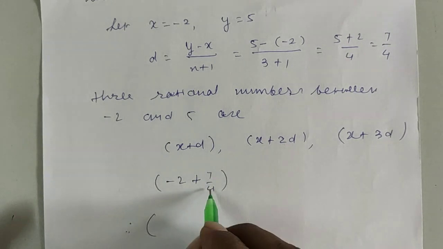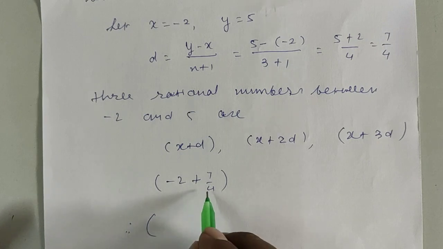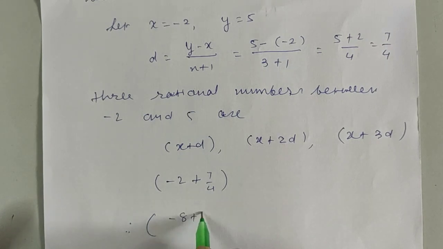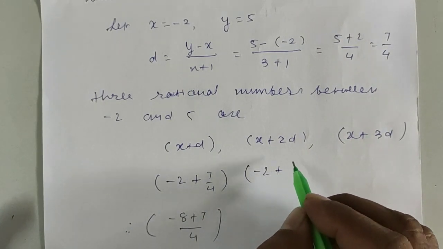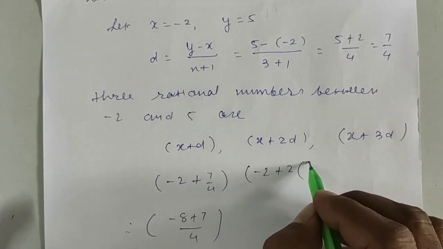Therefore, taking cross multiplication, minus 2 into 4 is minus 8, plus 7 upon 4 is equal to minus 8 plus 7, which means minus 1 upon 4. Second, minus 2 plus 2 into d, how much? 7 upon 4.